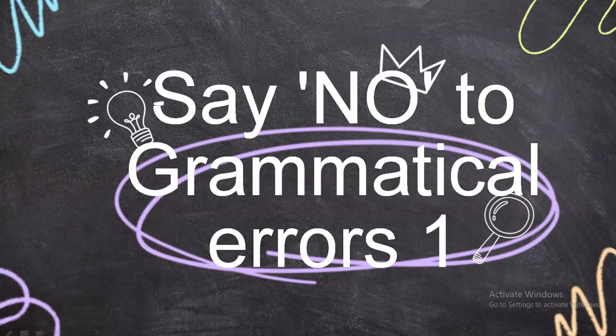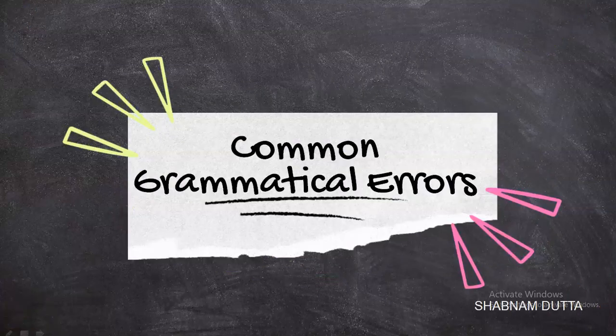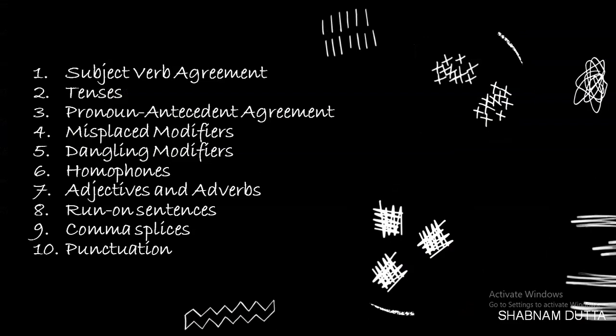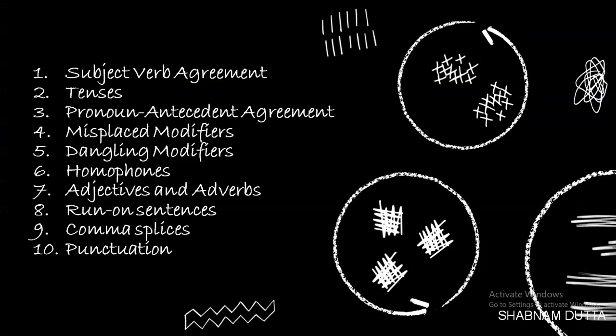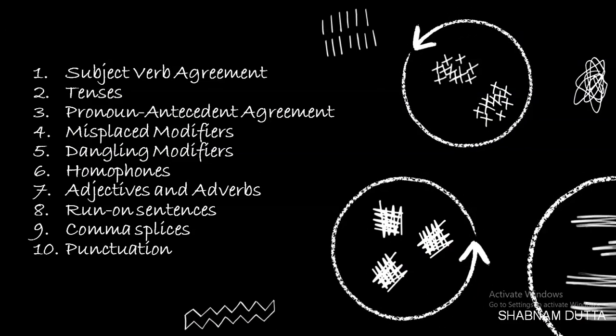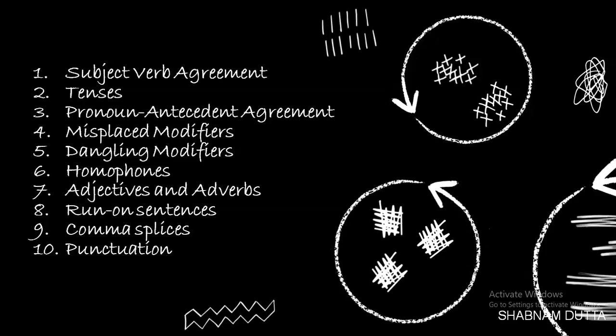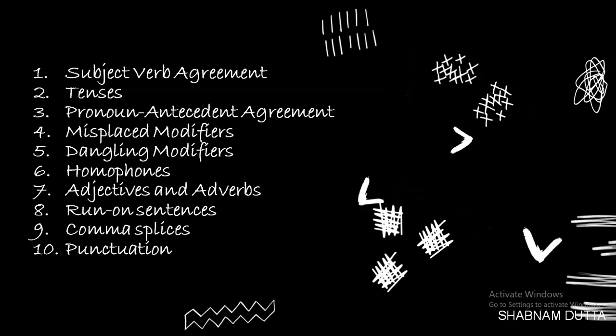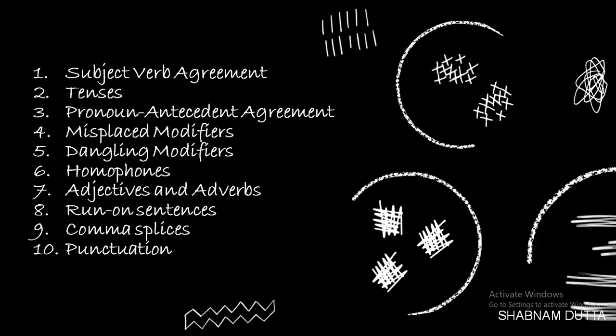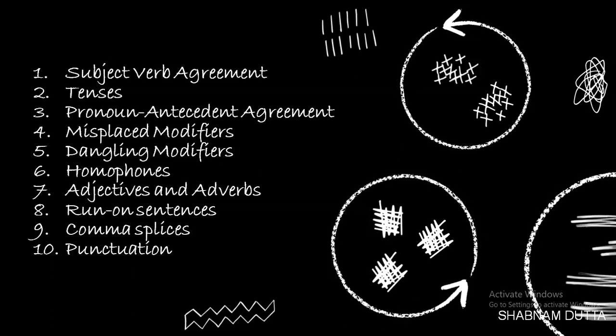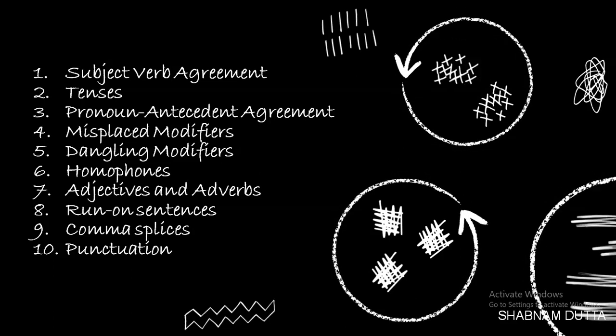First, let's take a quick glance at the top 10 most common grammatical errors that we make while writing. Number 1, subject-verb agreement. Number 2, tenses. Number 3, pronoun antecedent agreement. Number 4, misplaced modifiers. Number 5, dangling modifiers.